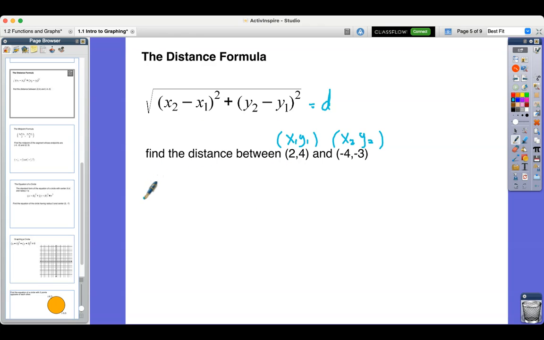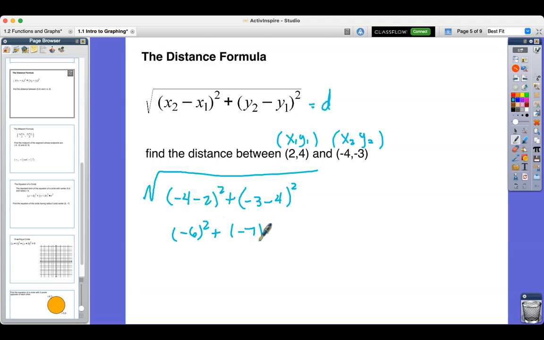We have the square root, don't forget your square root, of x2, which we're calling -4, minus x1, which is 2, quantity squared, plus y2, which is -3, minus 4, quantity squared. Order of operations says we work from the inside, so -4 minus 2 gives us -6, quantity squared, plus -3 minus 4 is -7, quantity squared.